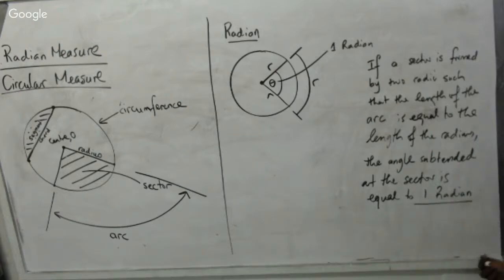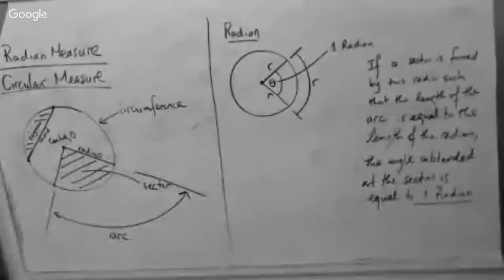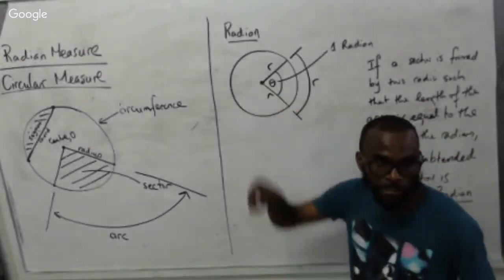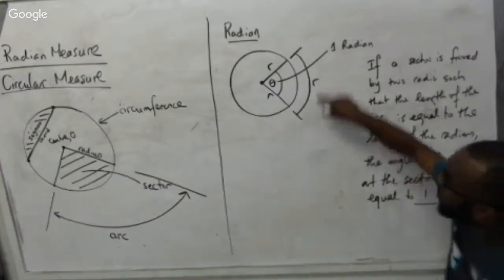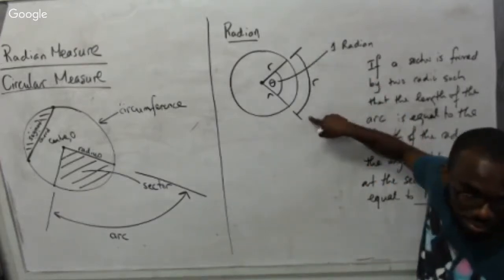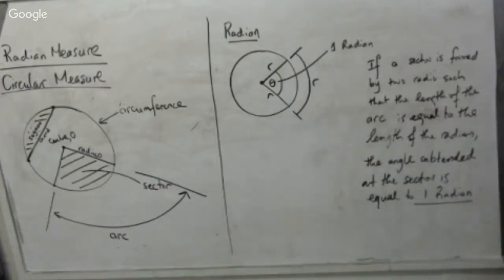So if somebody asks me to define what the radian is, radian is the angle subtended at the center when a sector is formed by 2 radii such that the length of the arc is equal to the radius.